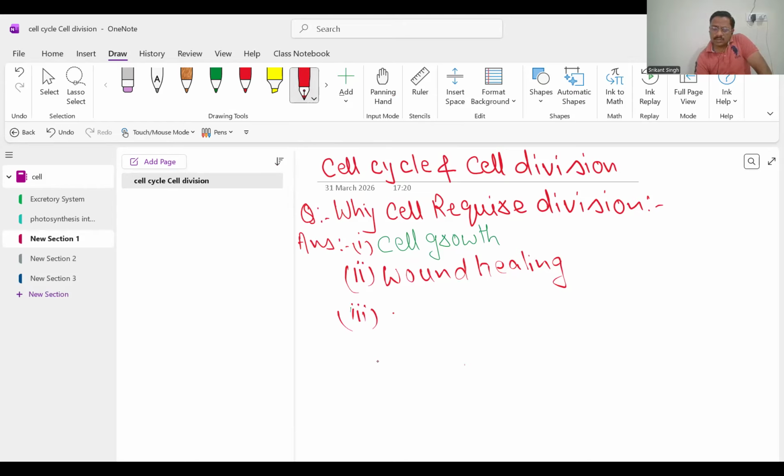Wound healing, cell growth, wound healing, cell repair. If any cells are damaged, they should be repaired with cell division. Fine.